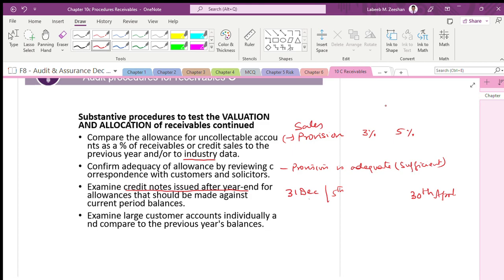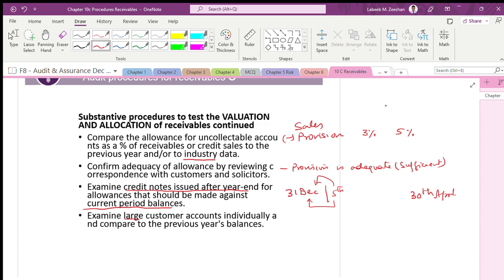If it is related to December, then it has to be in the month of December rather than in the month of January, against the current period balances. If it is related to December, focus on December. It should be in December. It should not be in the month of January. Otherwise, the effective date starts from 5th January rather than December.